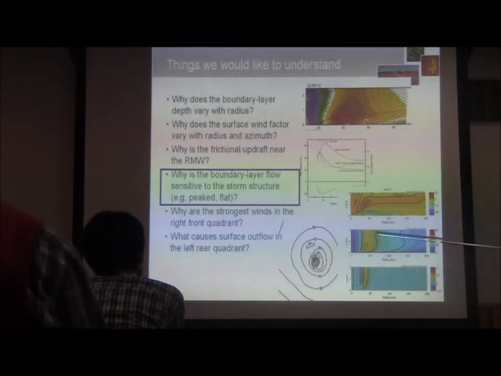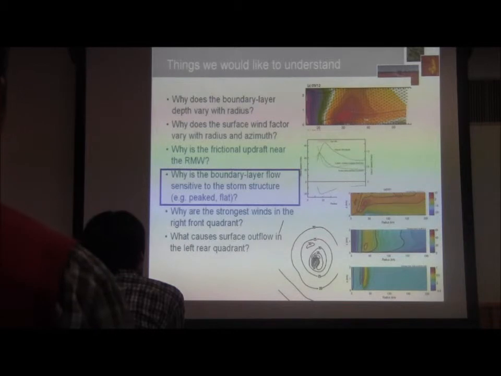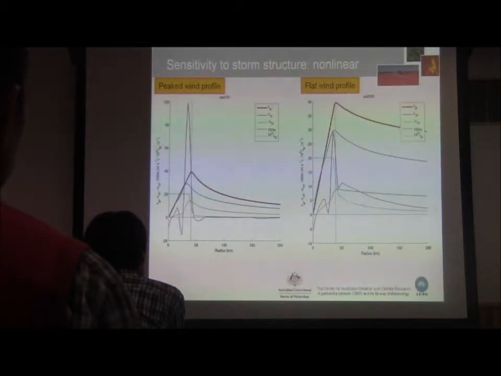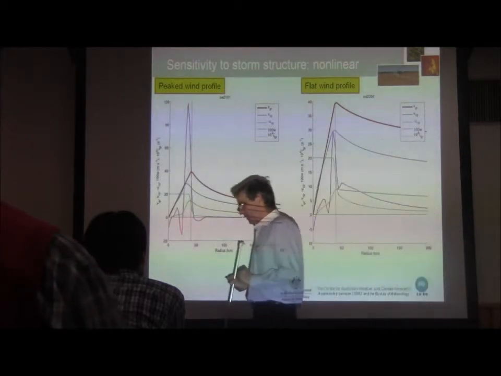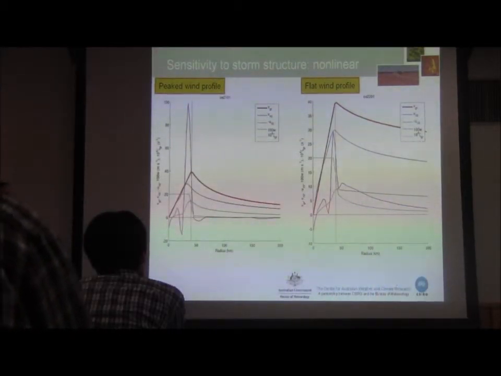Okay, I haven't actually shown you the theory leading to this, but I think I'm just going to have time to do it. Here are two storms, and these are both somewhat like Rankine vortices.